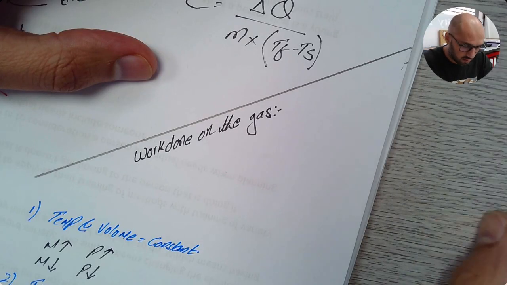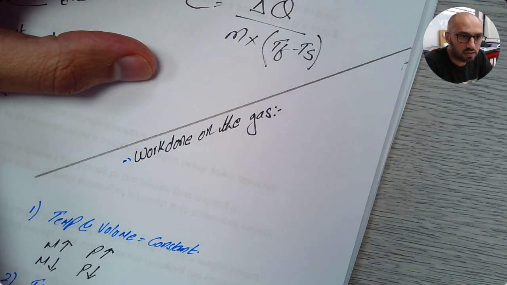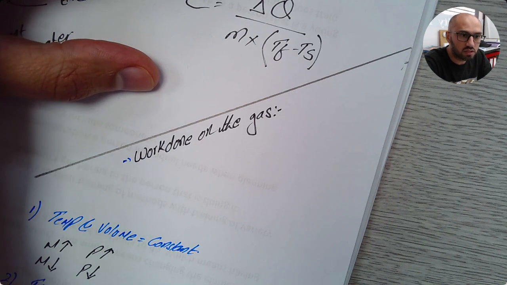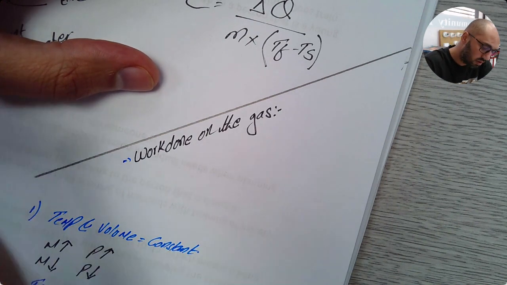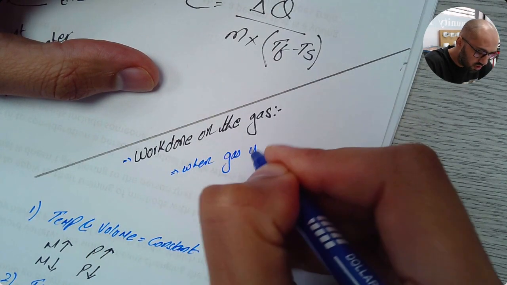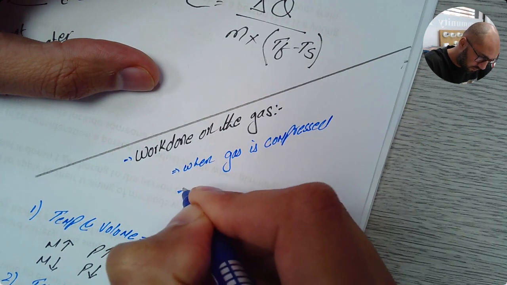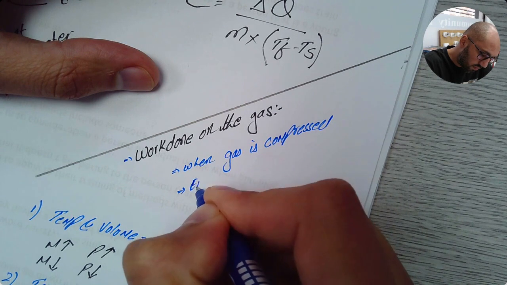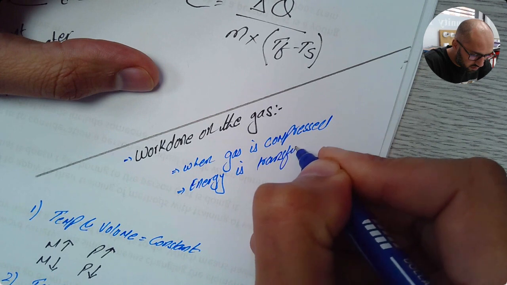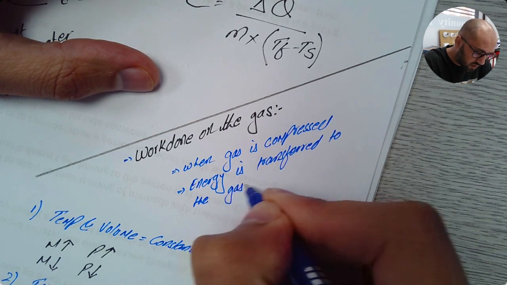The last bit that we need to know from this topic is our work done on the gas. This is when you compress the gas, and then the temperature of the gas increases. Why is it that the temperature of the gas increases? So we can say when gas is compressed, energy is transferred to the gas particles.